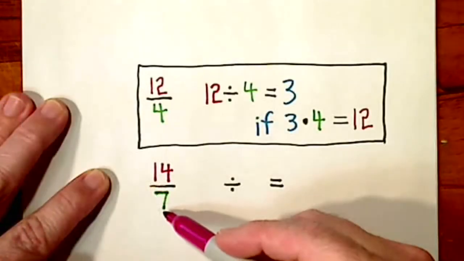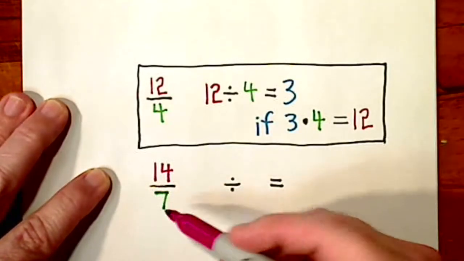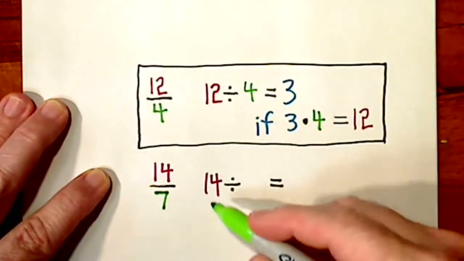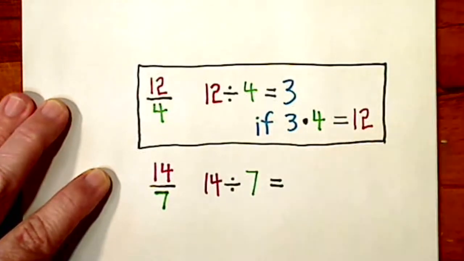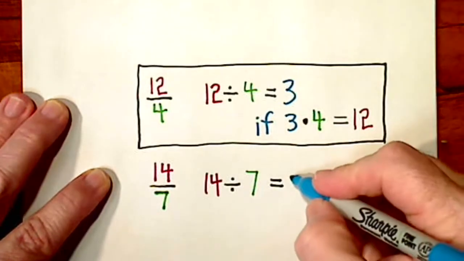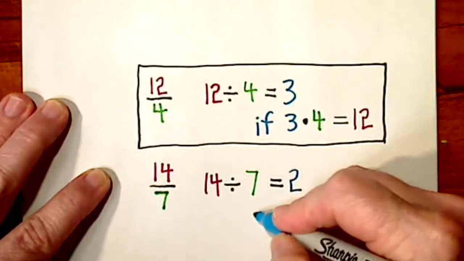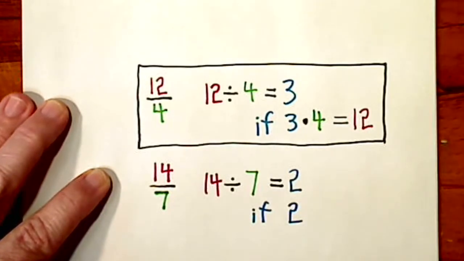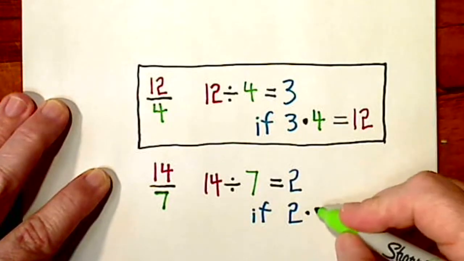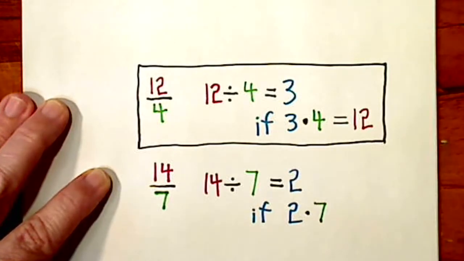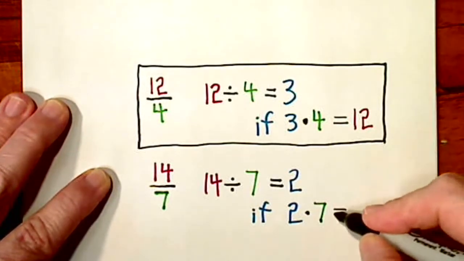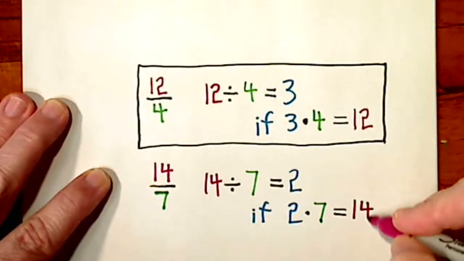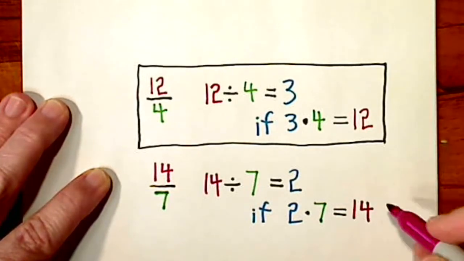So 14/7 is 14 divided by 7. 14 divided by 7 is 2 if 2 times 7 is 14, and it is.